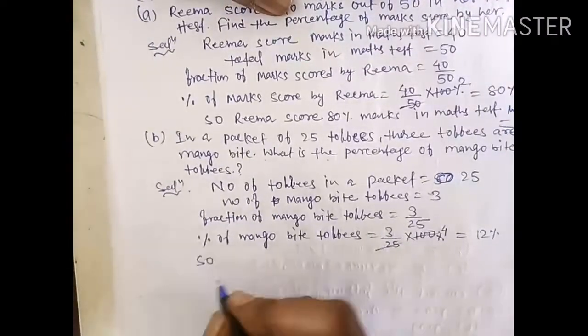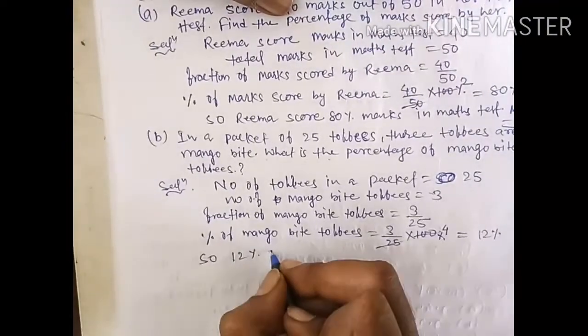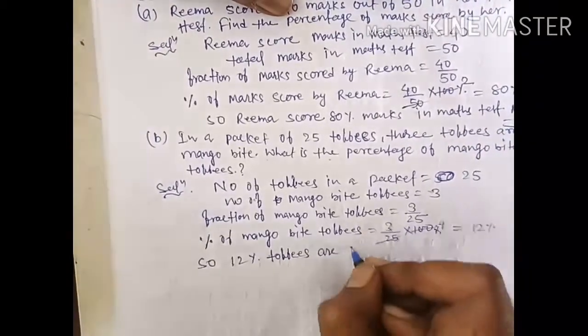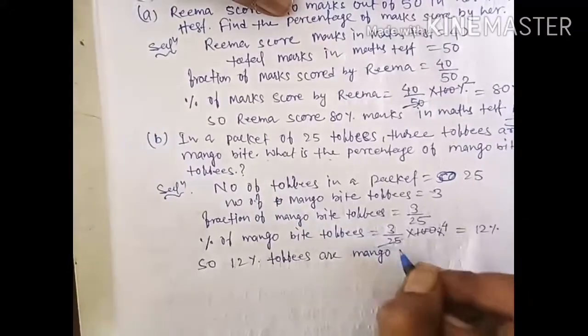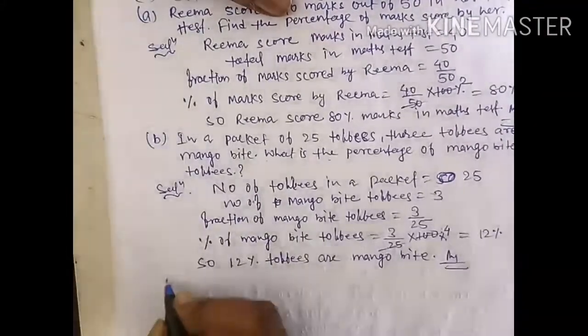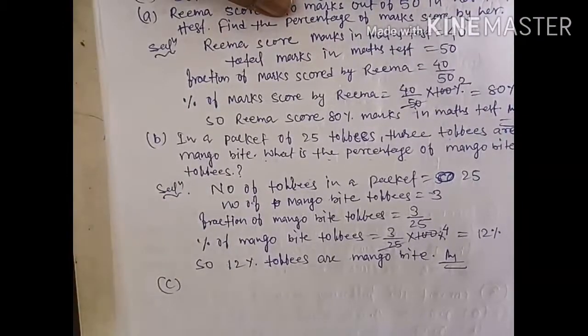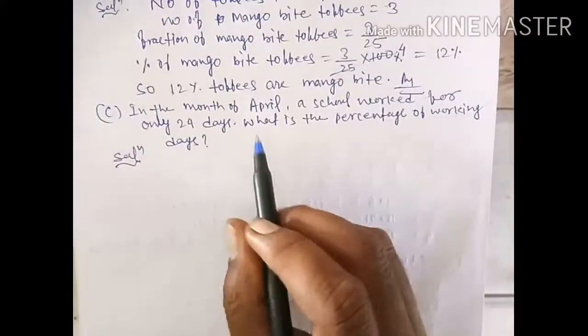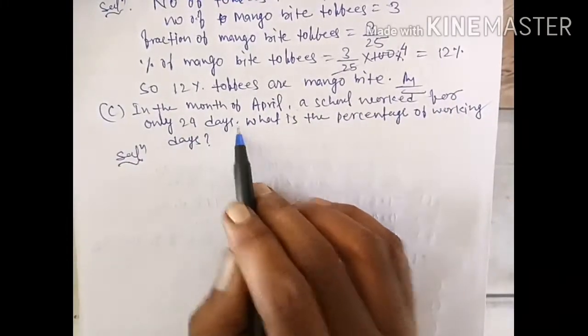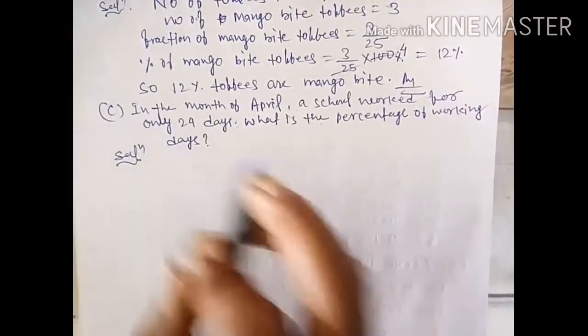So 12% of toffees are mango bite. This is the answer. Now question number C. In question number C, in the month of April, a school worked for only 24 days. What is the percentage of working days?